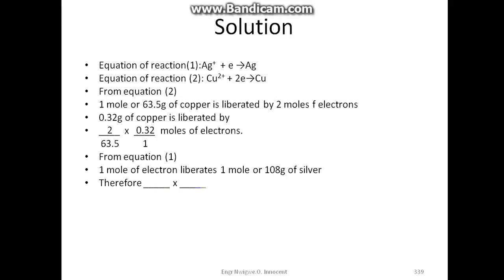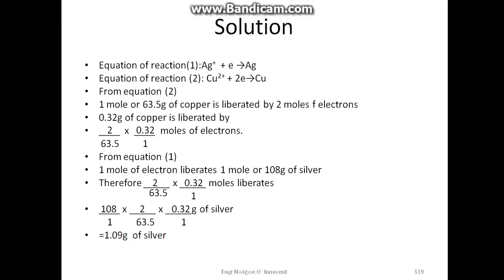Therefore, 2 over 63.5 times 0.32 over 1 mole liberates 108 over 1 times 2 over 63.5 times 0.32 over 1 gram of silver, which will give us 1.08 gram of silver.